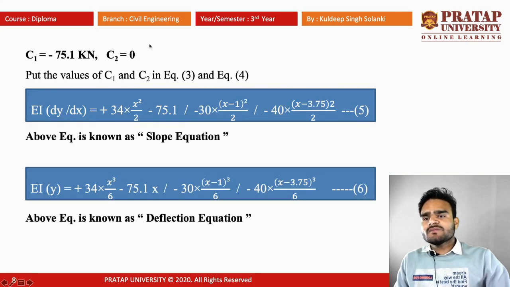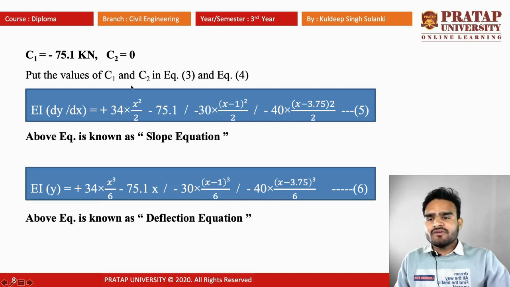Now put the values of C1 and C2, because we know that equation number 3 is our slope equation and equation number 4 is our deflection equation. Putting C1 and C2 in equations 3 and 4, we get our final slope and deflection equations. This is the deflection equation with all three terms, where C1 is 75.1 and C2 equals 0.